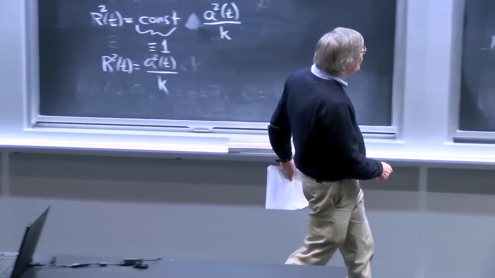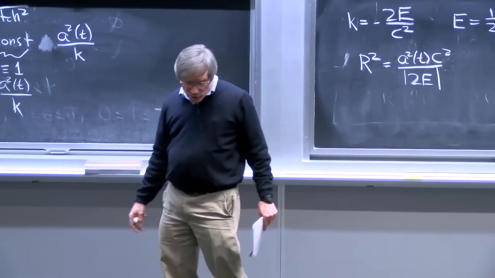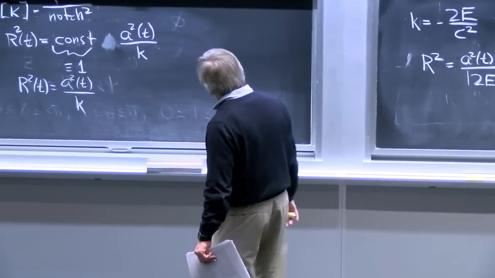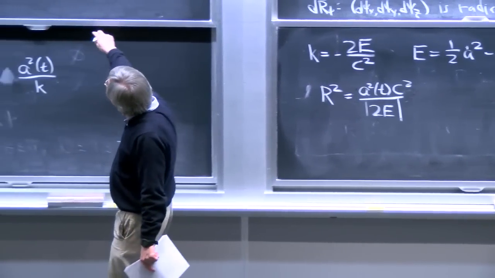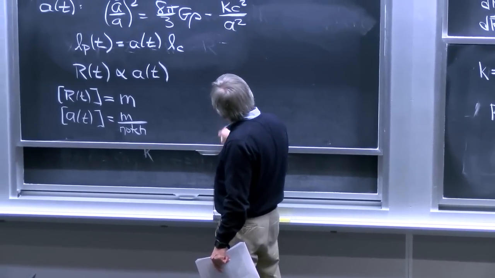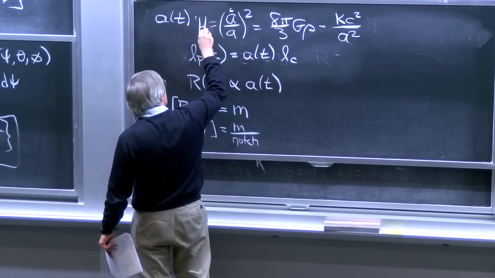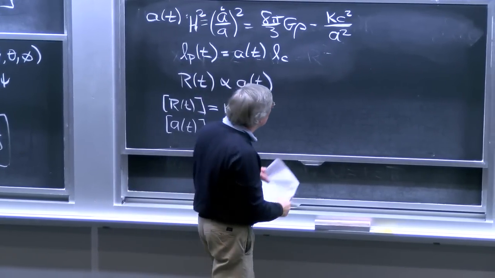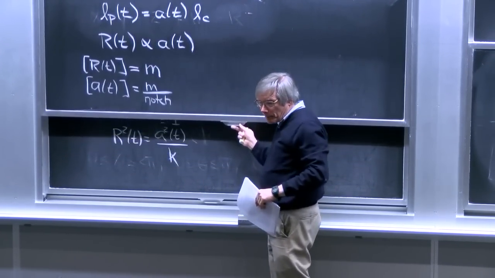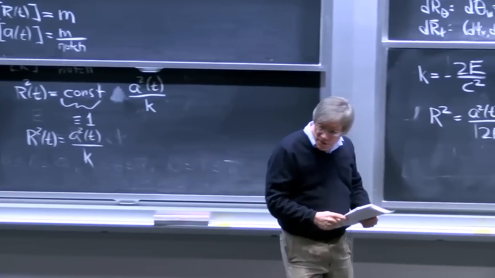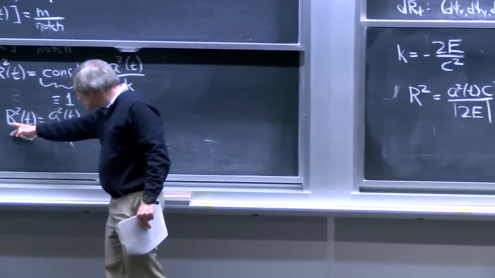OK, it may also be useful to relate R more directly to astronomical observables, which we can do because we have the Friedmann equation up there, which relates A to rho, and A dot over A is also the Hubble expansion rate, so that's H squared. So this formula tells us exactly how to write A in terms of rho and H squared. In fact, it tells us how to write A over the square root of k in terms of rho and H squared. And that's exactly what R is.